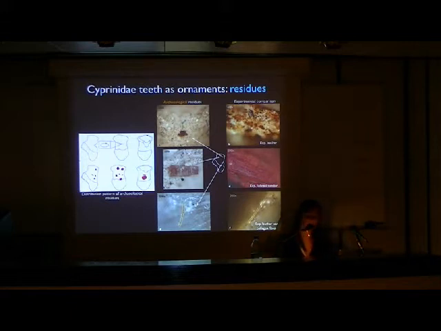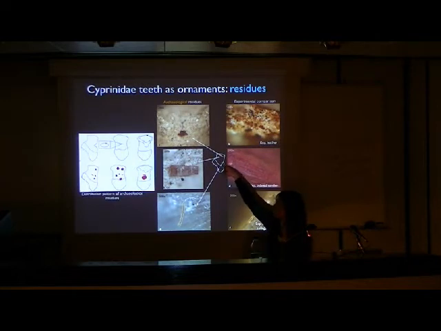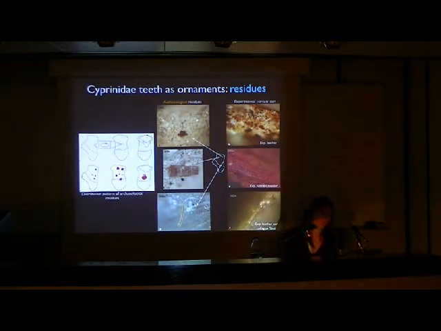These residues were, of course, ochre, but also related to collagen fibers, and also probably leather and tendons, and here again the transversal orientation to the main axis, the long axis of the ornaments.